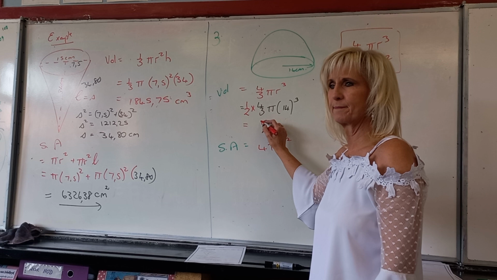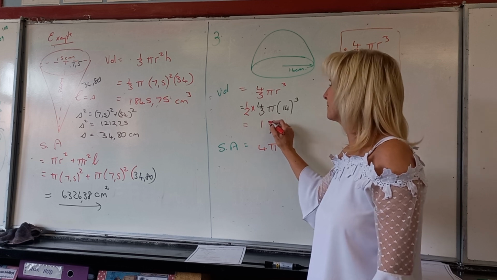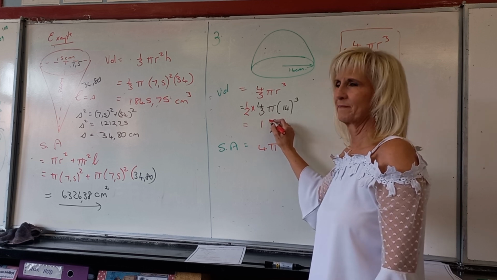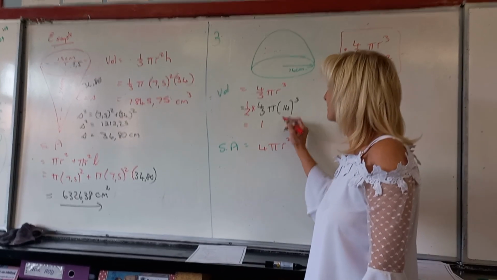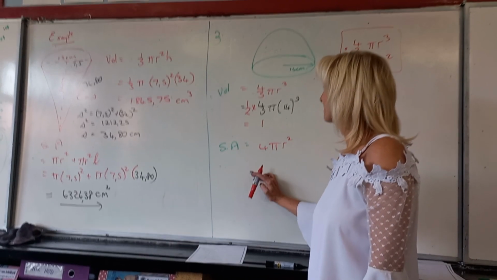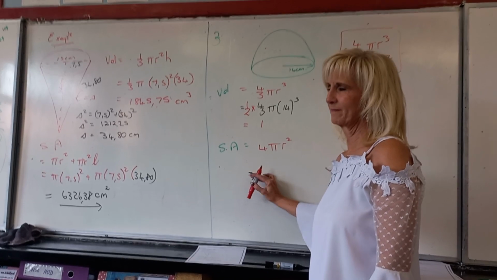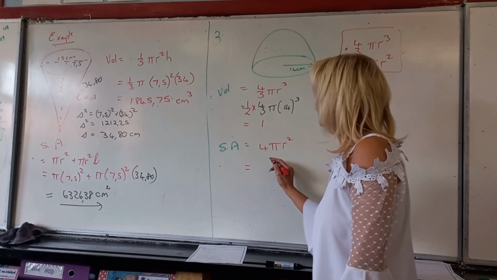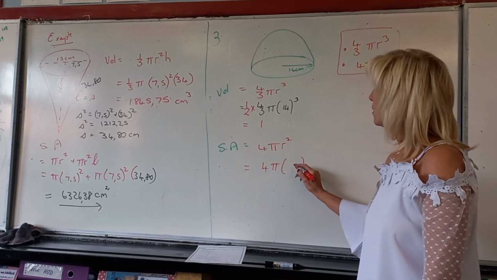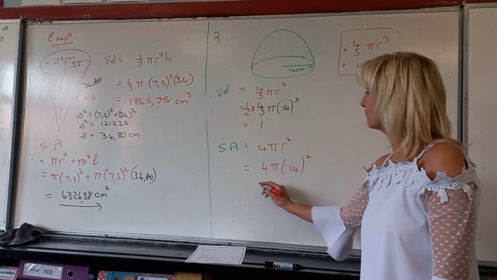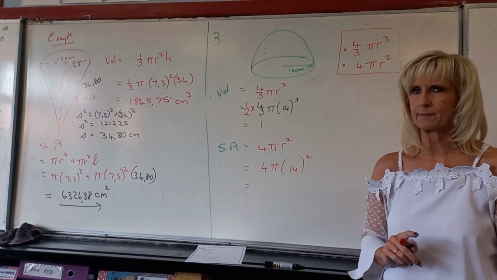It's there, guys. Okay, I'm going to get to that answer just now, please. And then it'll be 4 pi times r, which was 14 here, squared for surface area, and that's not right.